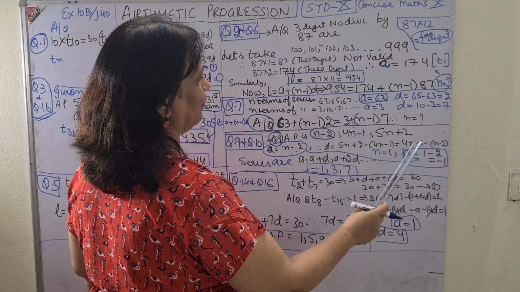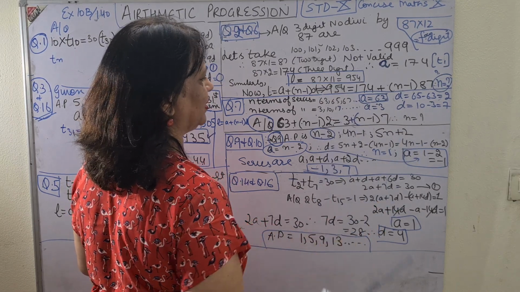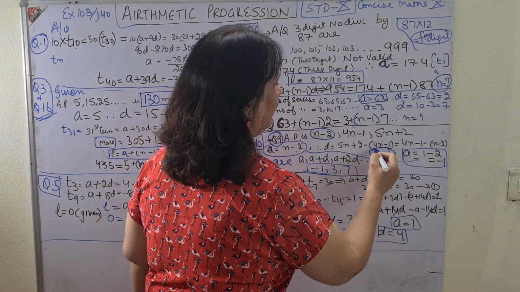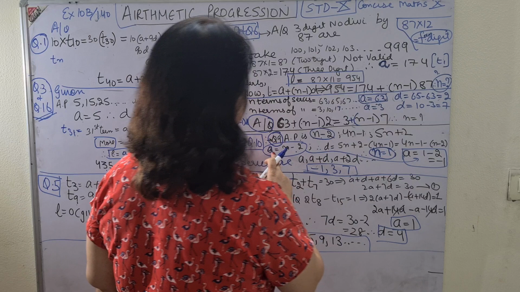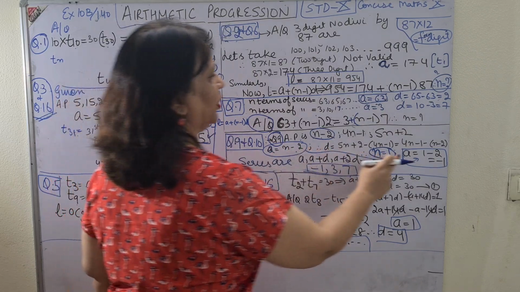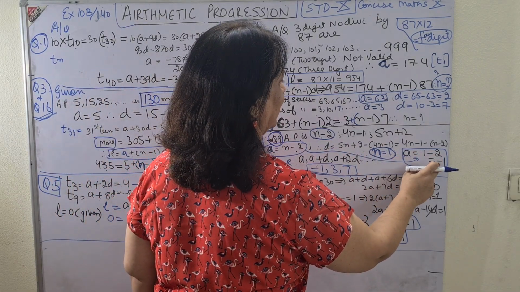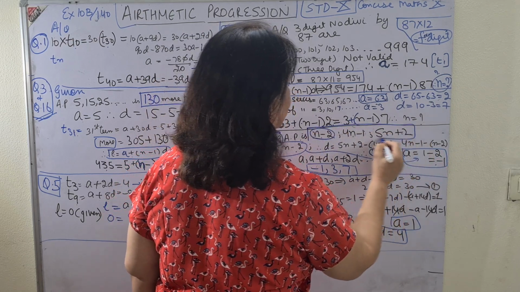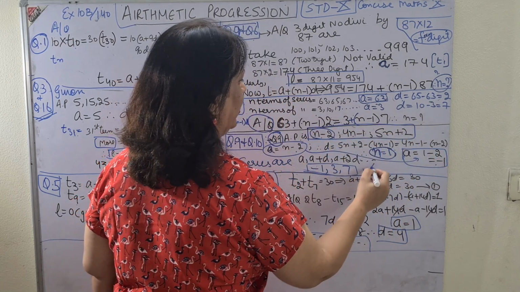I have equated them because you know the common difference has to be the same, and that will help me to get the value of n. Once I get n, I know that A is n minus 2, so A will be 1 minus 2 and A is minus 1. Please substitute in the given series which is given in the question, and that will be your required answer.